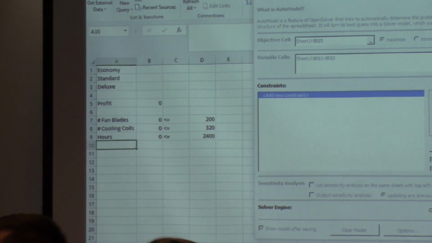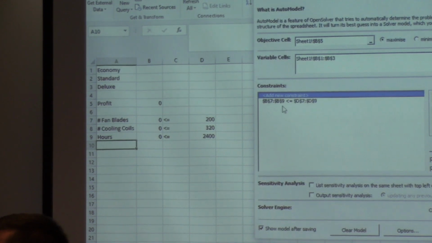If some of them were less than or equal and some of them were greater than or equal, I couldn't do this, because I can't change this. This less than or equal is only for my benefit. It's not for the model's benefit right here. So this is the left-hand side of those equations. This is the right-hand side of those equations. And I can add that one set of constraints rather than doing 3 individual constraints. It means the same thing.